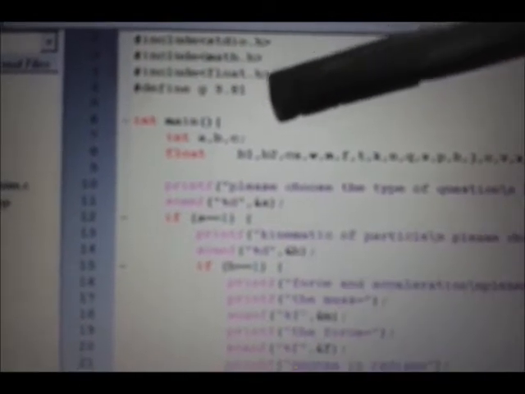Okay, here we declare the integers A, B, and C. And the floats we declare B1, B2, CA, W, M, F, T, and so on.